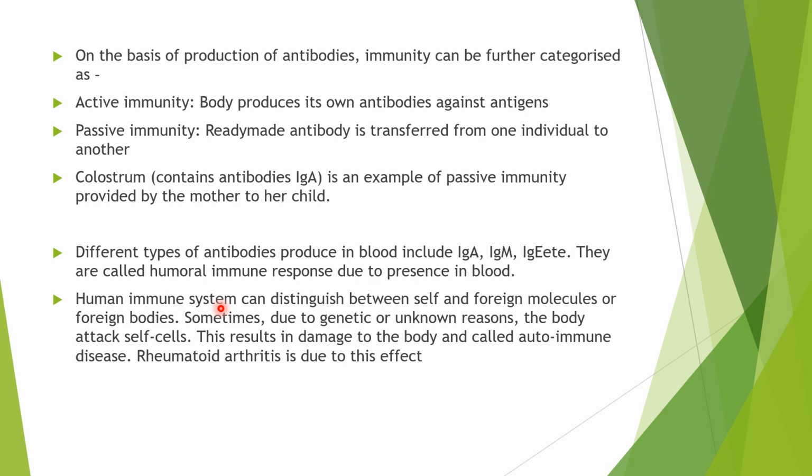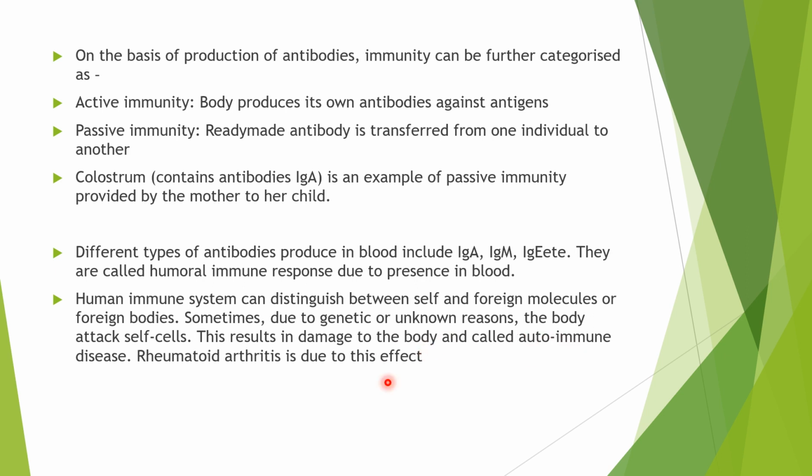The human immune system can distinguish between self and foreign molecules or foreign bodies. Sometimes, due to genetic or unknown reasons, the body attacks its own self cells, and this results in damage to the body.